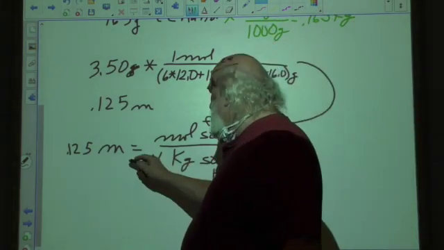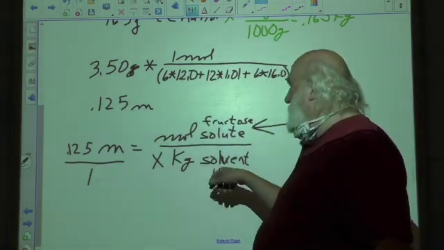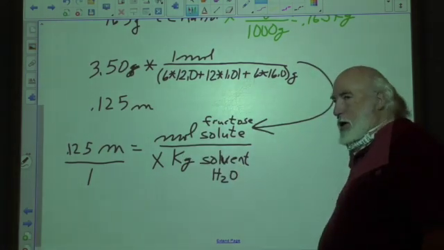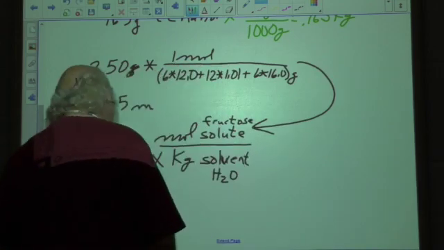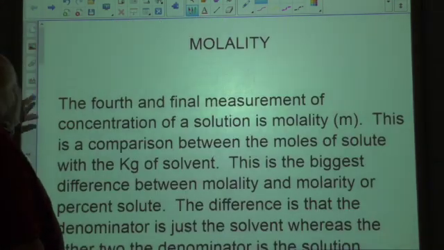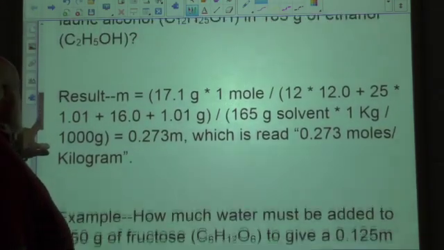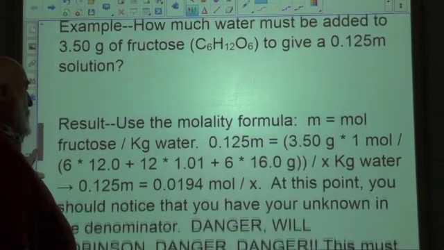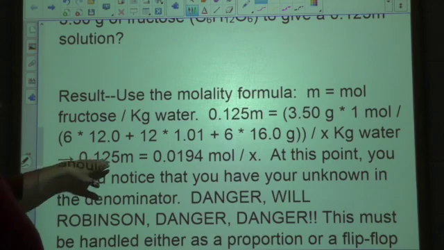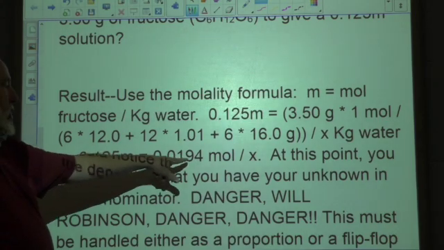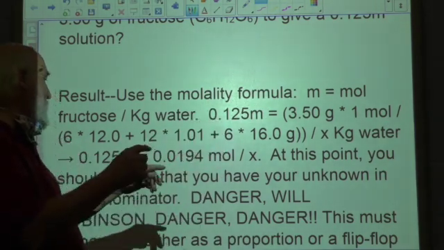So we're going to put a 1 here and cross multiply, and that will take care of our issue with the x in the denominator. And when the smoke clears, we get 0.125 moles per kilogram equals 0.0194 moles divided by x.